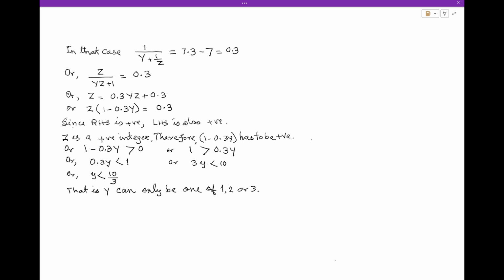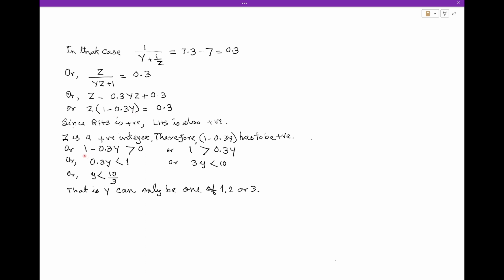Because if this quantity is negative and this quantity is positive, then that product will become negative. However, in this case, the product of these two quantities is positive. Therefore, because one is positive, that is g, the other one also has to be positive.